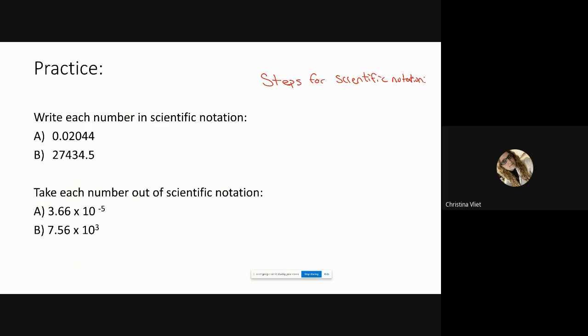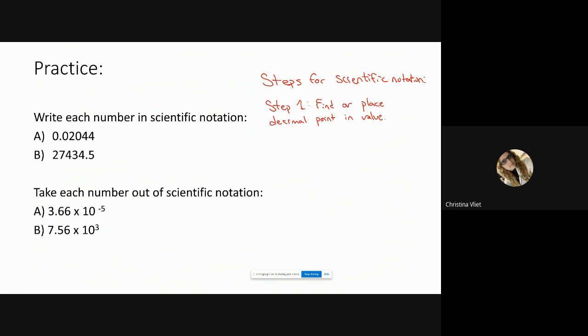I just want to make sure we're all on the same page. So step one, you will need to find or place a decimal point in the value. So you find or place a decimal point.